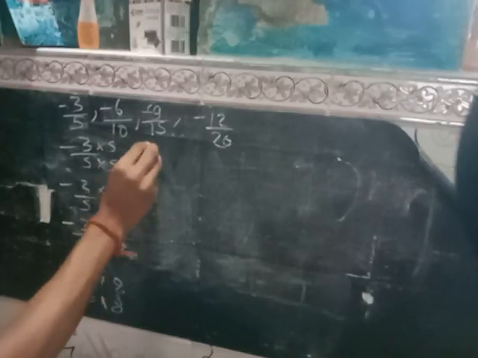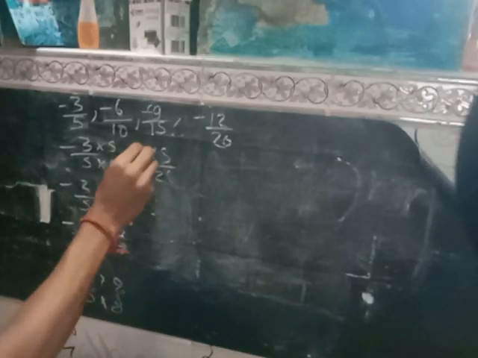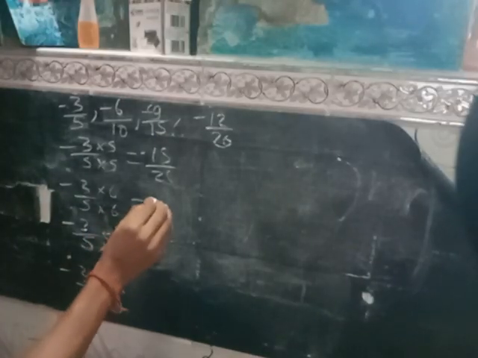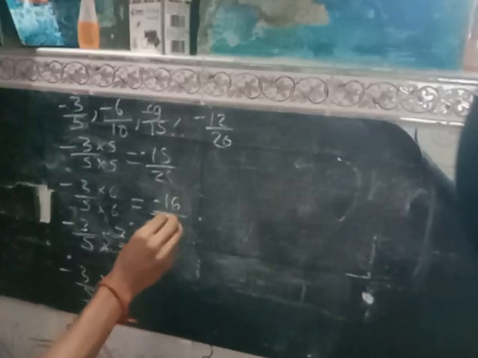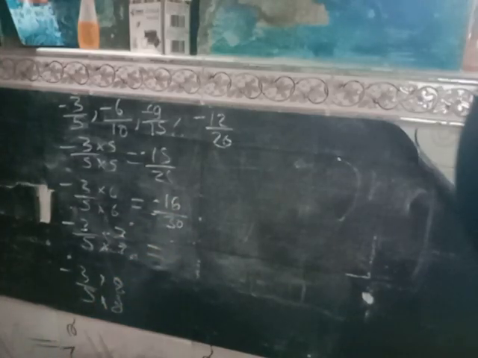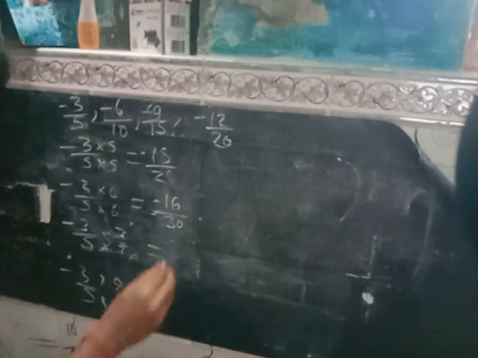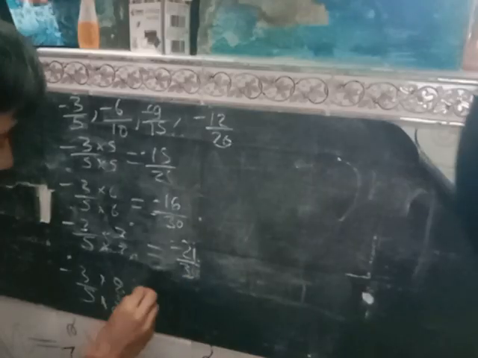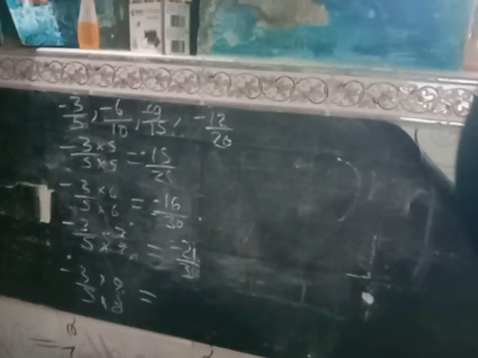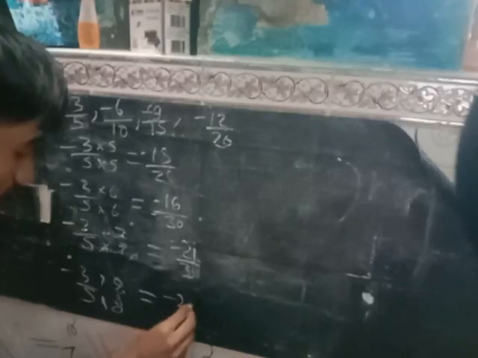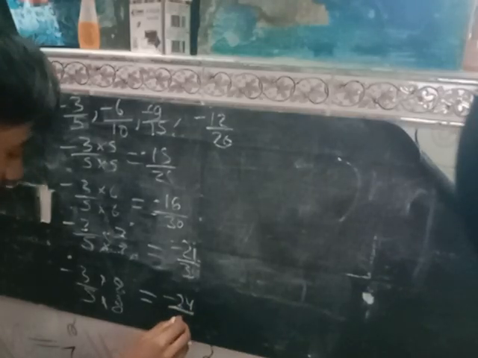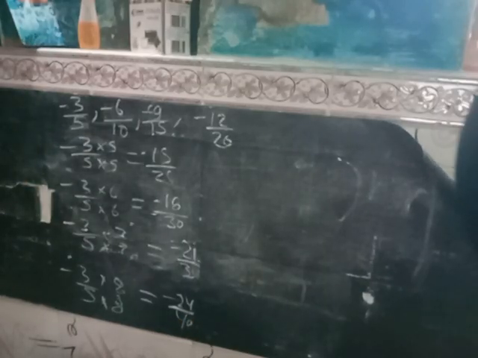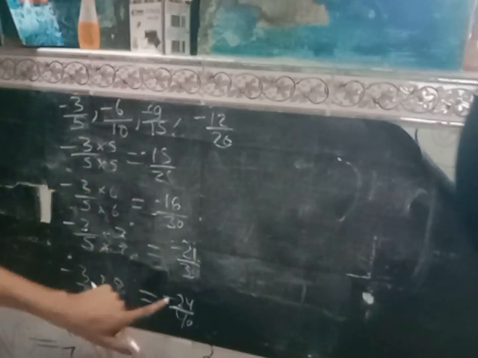So it is minus 15 by 25, minus 18 by 30, minus 21 by 35, and minus 24 by 40. So these are the 4 more rational numbers.